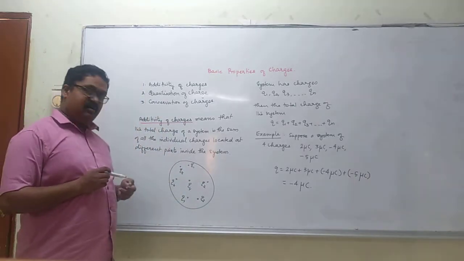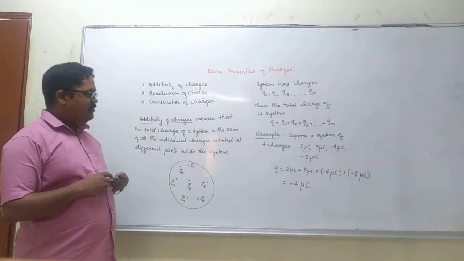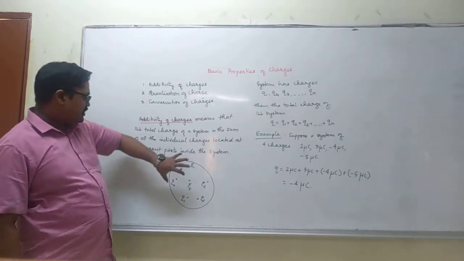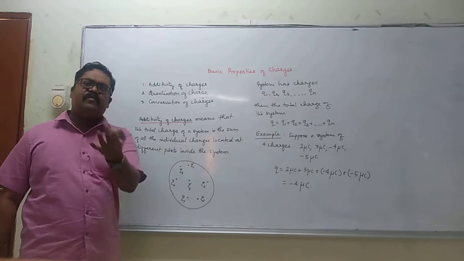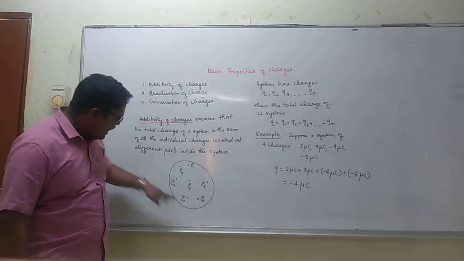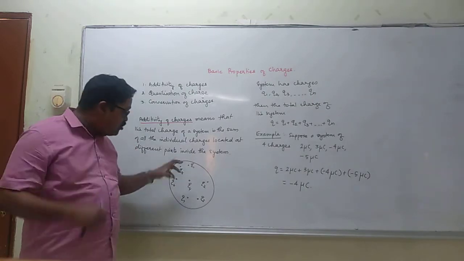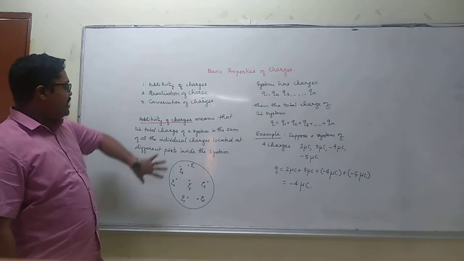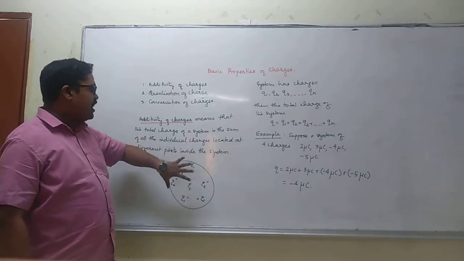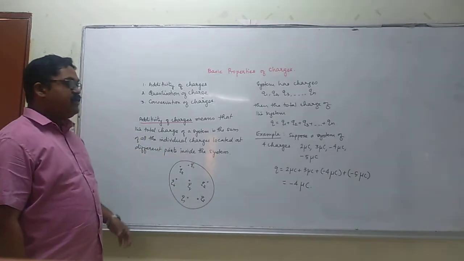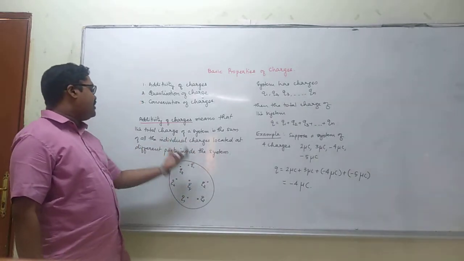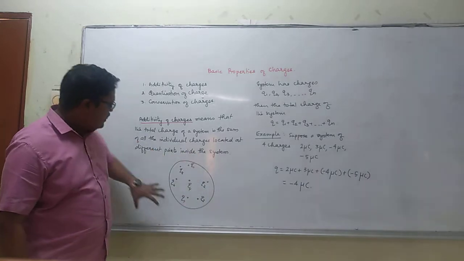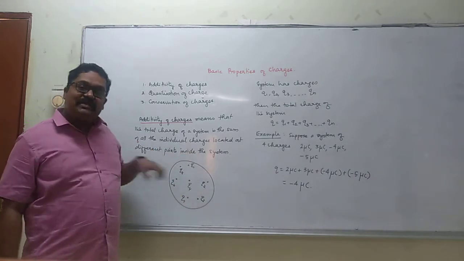So this system is made up of n charges. This is not a system made up of only one charge. There are n charges contributing to this system. So the net charge or the total charge on this system will be the sum of all the individual charges located at different points inside the system.